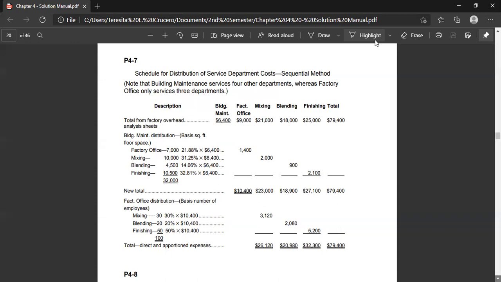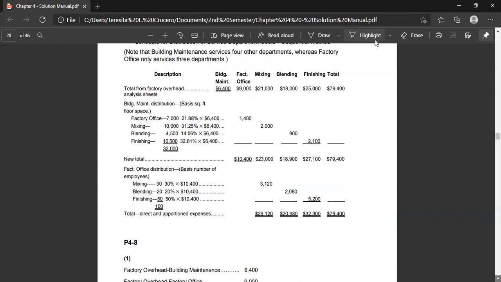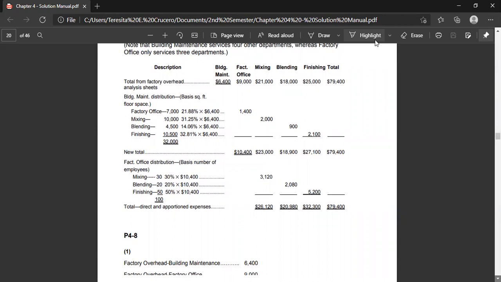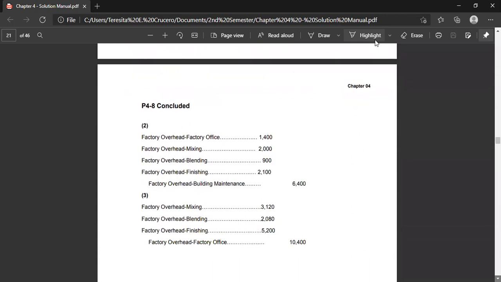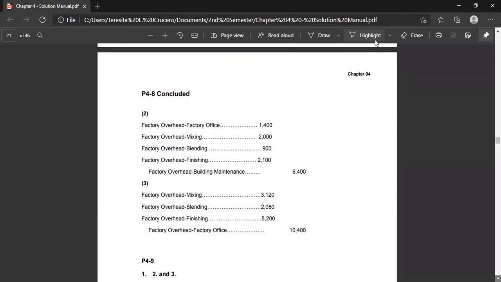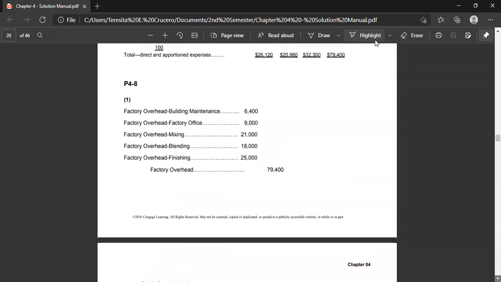Okay, for the 7, then we have for the 8. For the 8, we got two parts. The first requirement is using your solution to for the 7, prepare journal entries for the following.